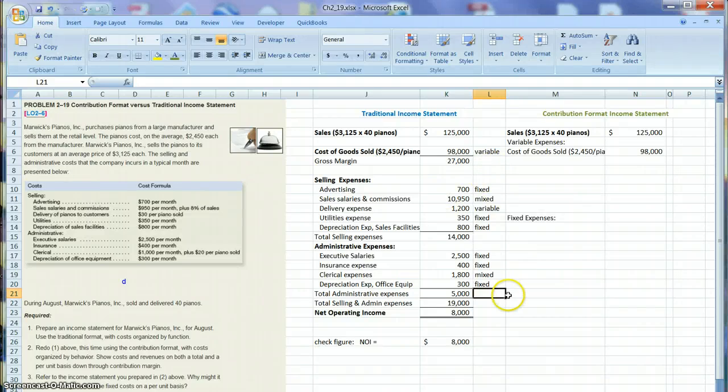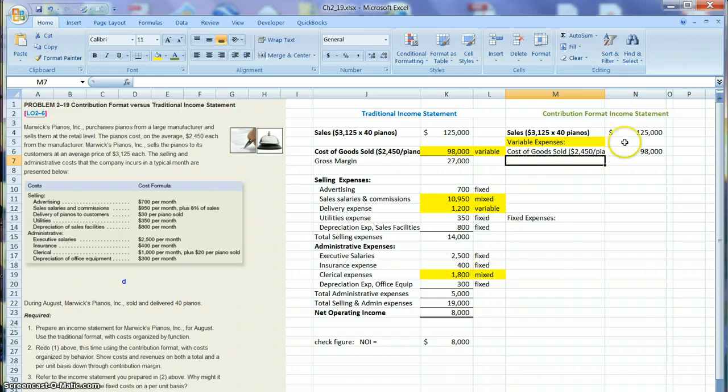So what we want to do is organize our costs by behavior. I want to put all of my variable expenses here. If it's mixed, I'm going to have to break it up into its 2 components. Okay? So again, I'm going to highlight these so that we know what we're actually going to move over into the variable portion.